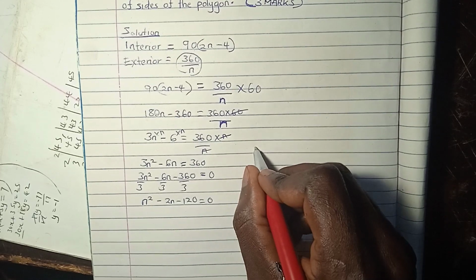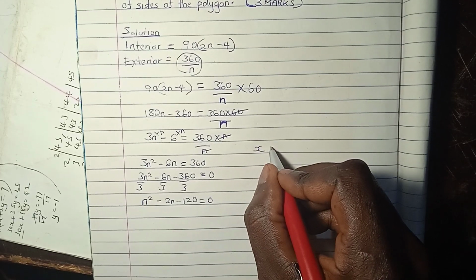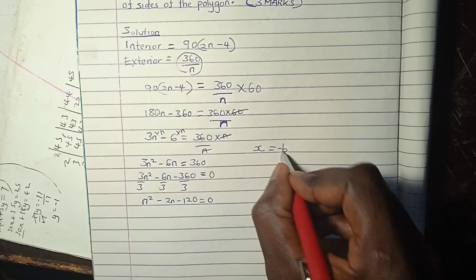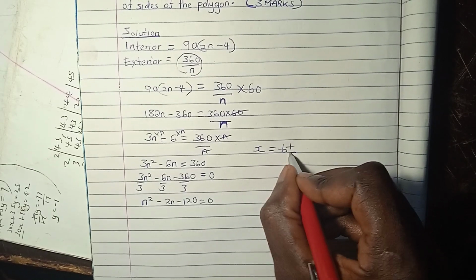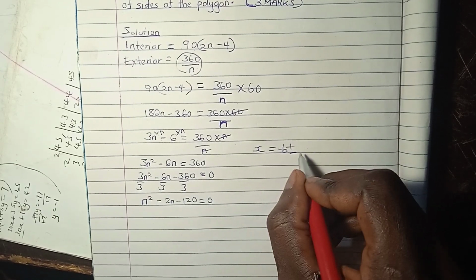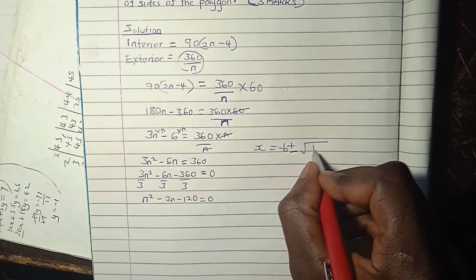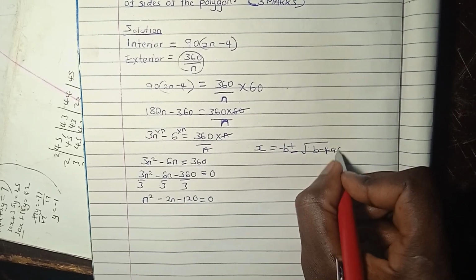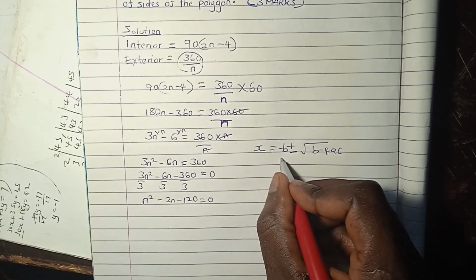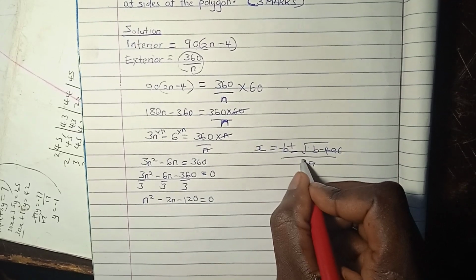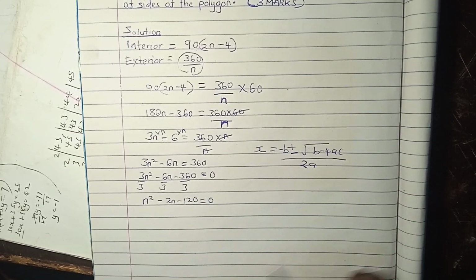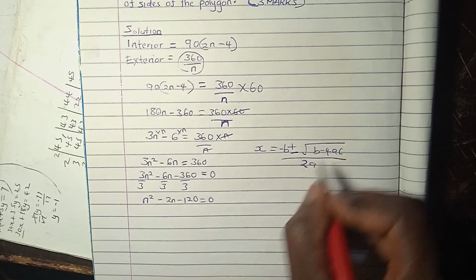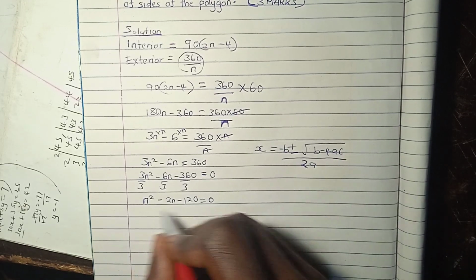The quadratic formula states that x is equal to negative b plus or minus the root of b squared minus 4ac over 2a. So now let's replace everything.